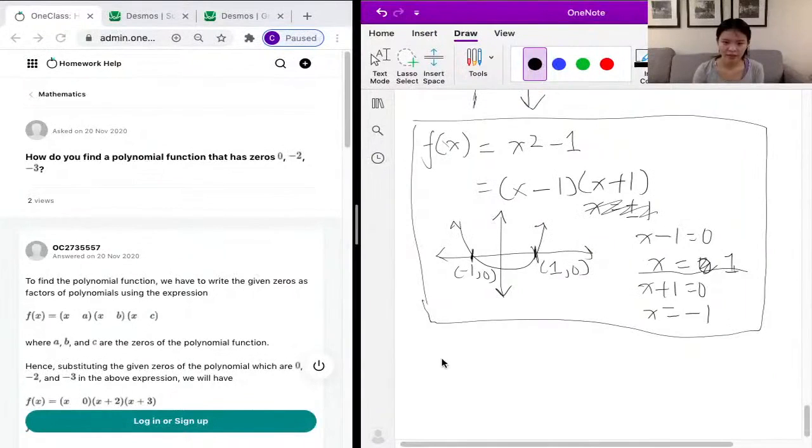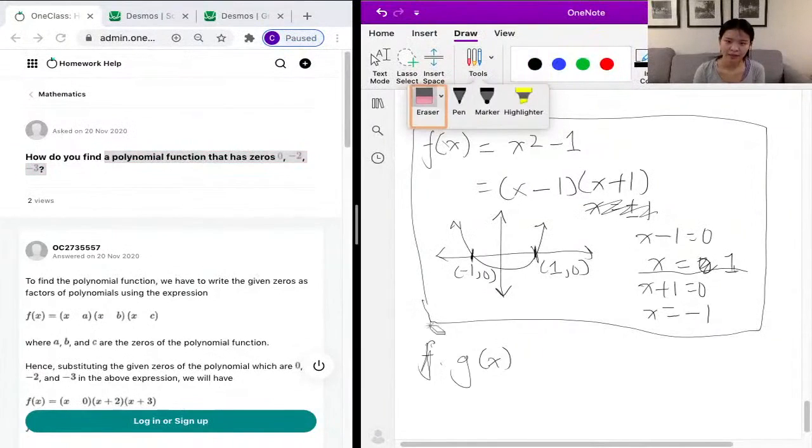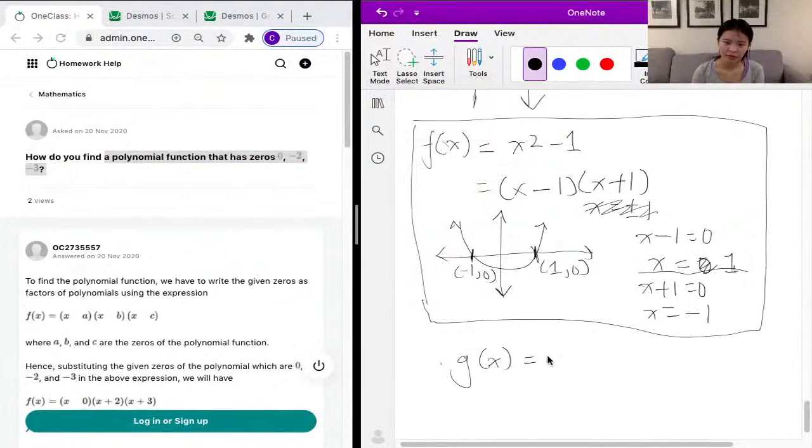Okay, so similarly, for our current question, how do we find a polynomial function that has those 3 zeros? Let's say our function for this solution is g of x. We need to find a function that has zeros -2 and -3.